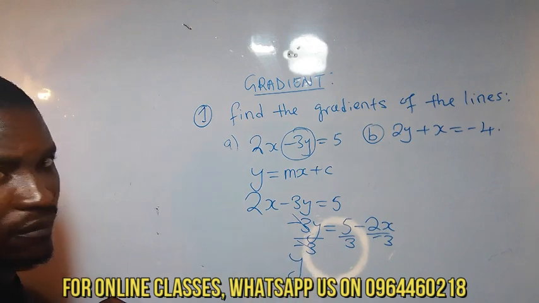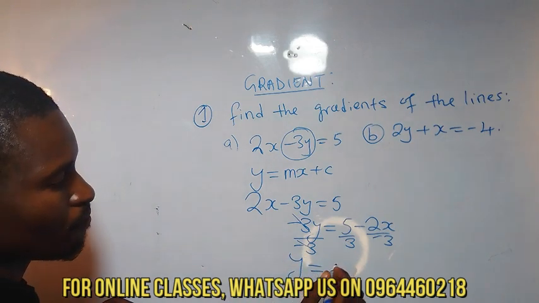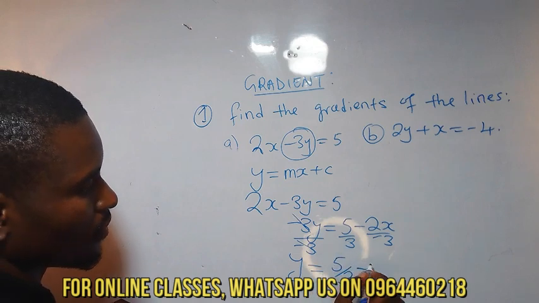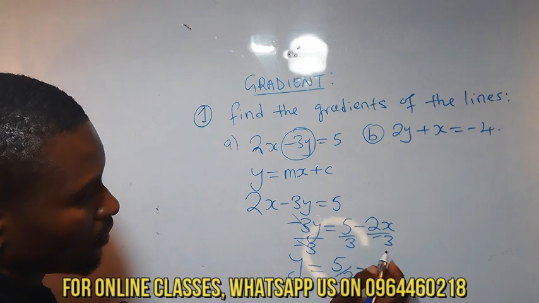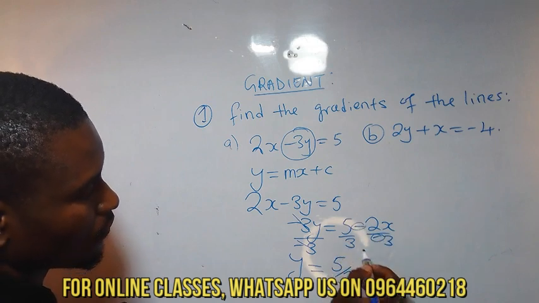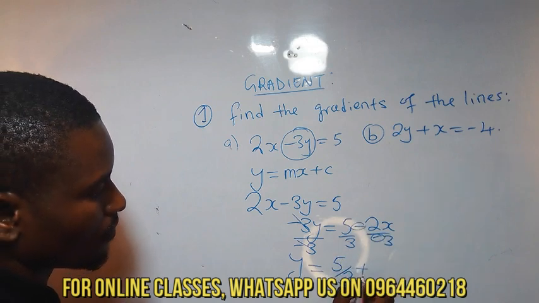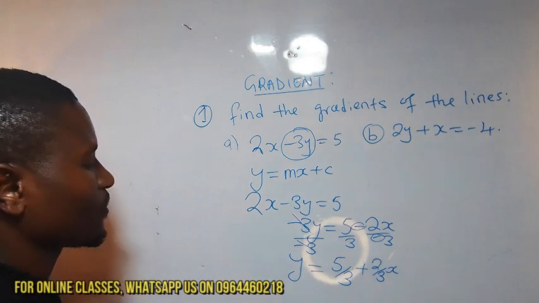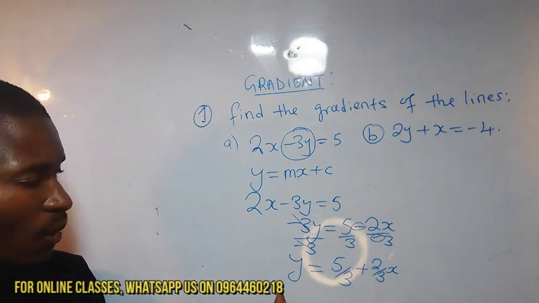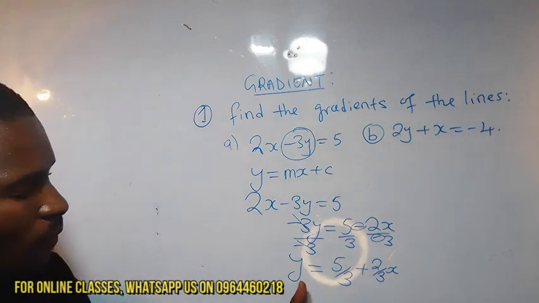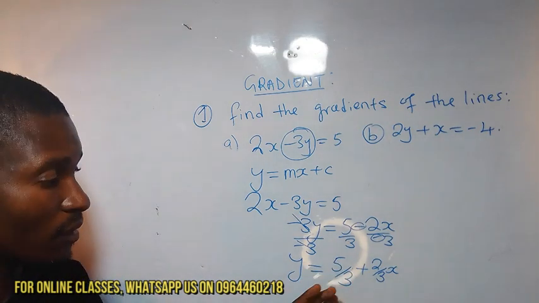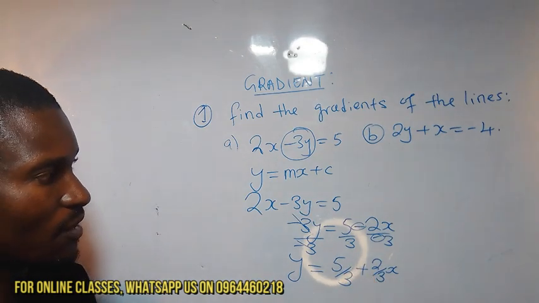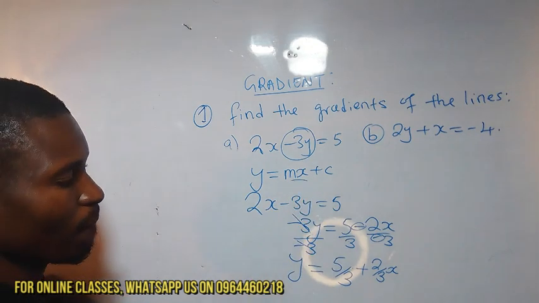Now we are going to have y equals 5 over 3 minus, and since negative and negative cancel, plus 2 over 3 x. Now we rearrange these terms, starting with the term which contains x.